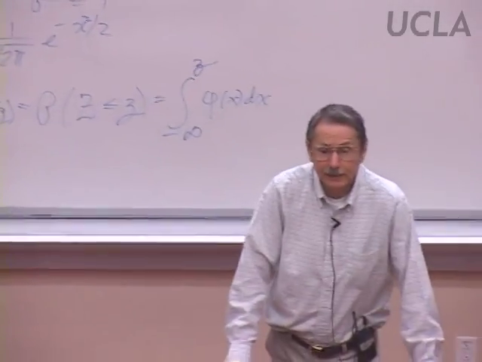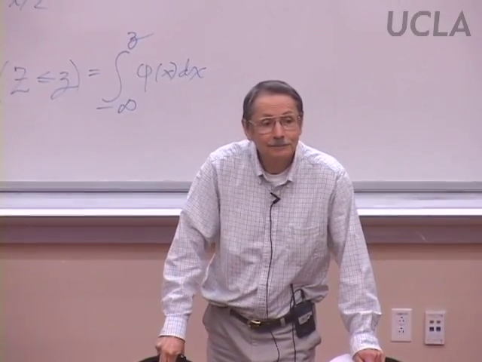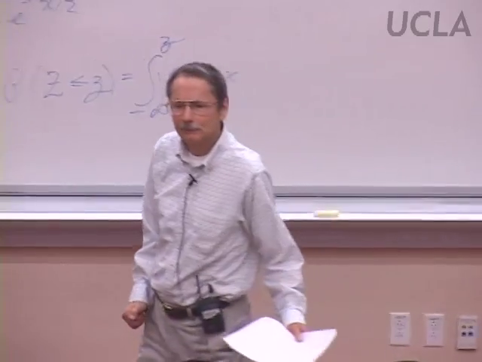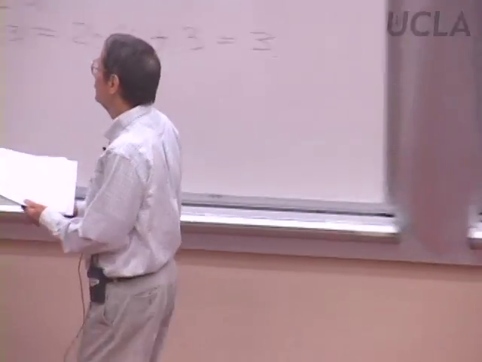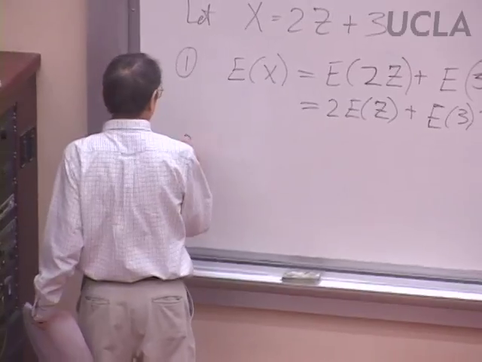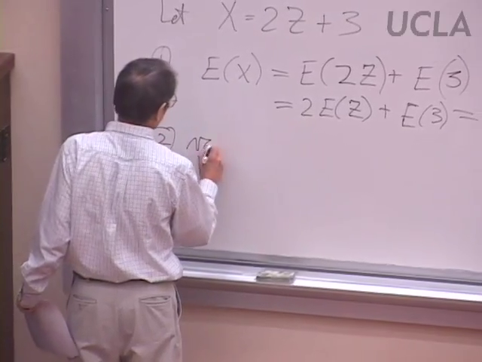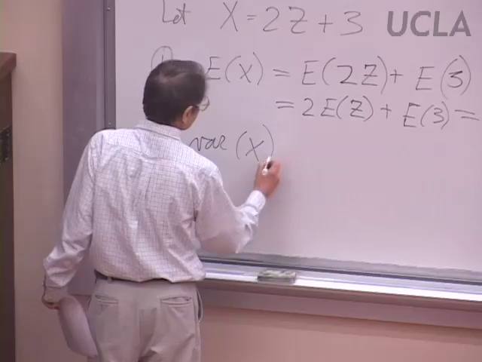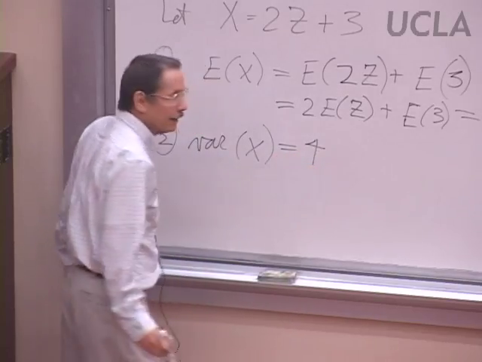What's the variance of x? Remember about variance? And standard deviation of x. Well, the variance of x is 4.